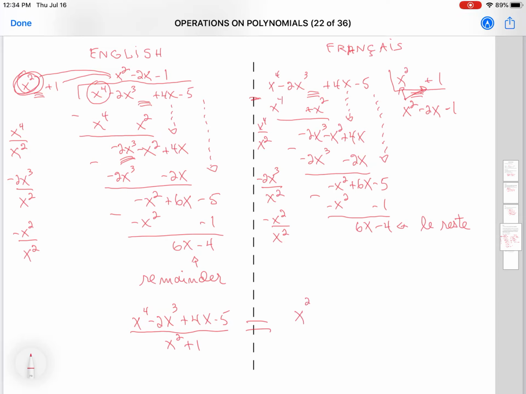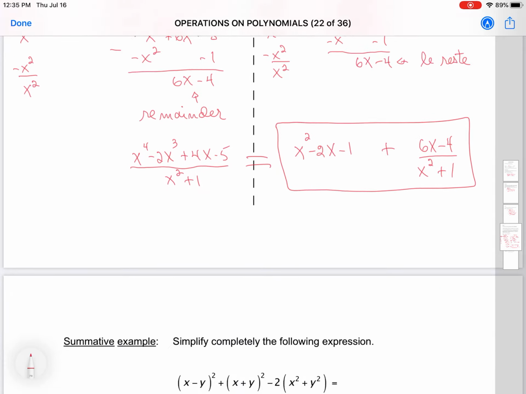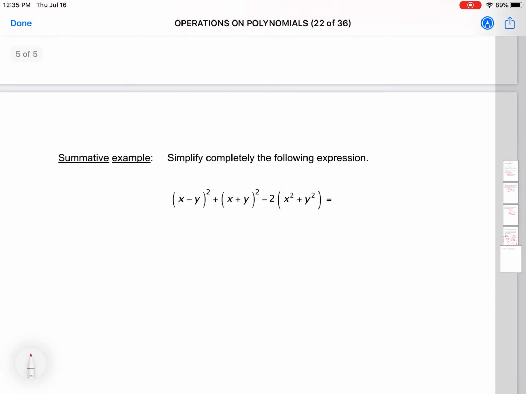And we end up with something called a quotient: x squared minus 2x minus 1 plus the remainder 6x minus 4 divided by x squared plus 1. This is actually the outcome of the long division. So that's division for you.